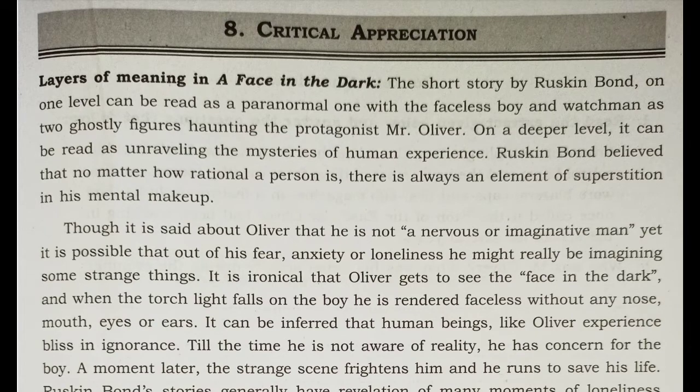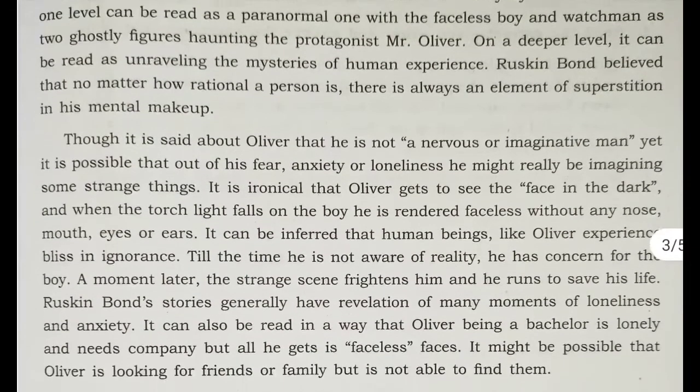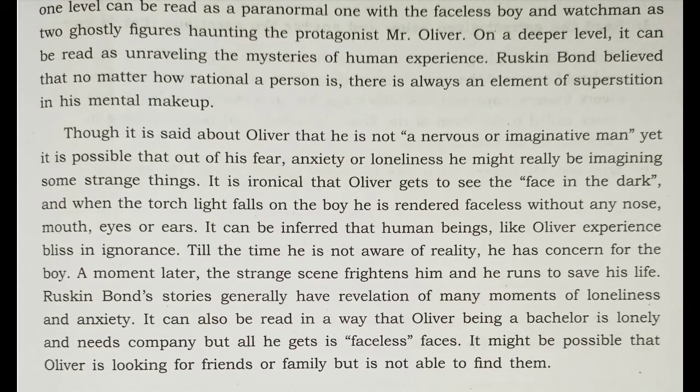Ruskin Bond believed that no matter how rational a person is, how logical, how realistic in his thoughts, there is always an element of superstition in his mental makeup. So I suggest that you go through the remarks made by the editor of your workbook, and this will give you some insight into the story.